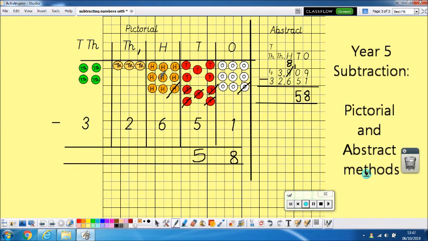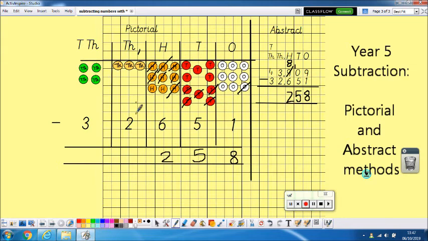I've got my 8 hundreds remaining and I've got to take away 6 of them. So I'm going to take a 1, 200, 300, 400, 500, 600, and I can just see that I've got 200s remaining. 800s take away 600 is 200.